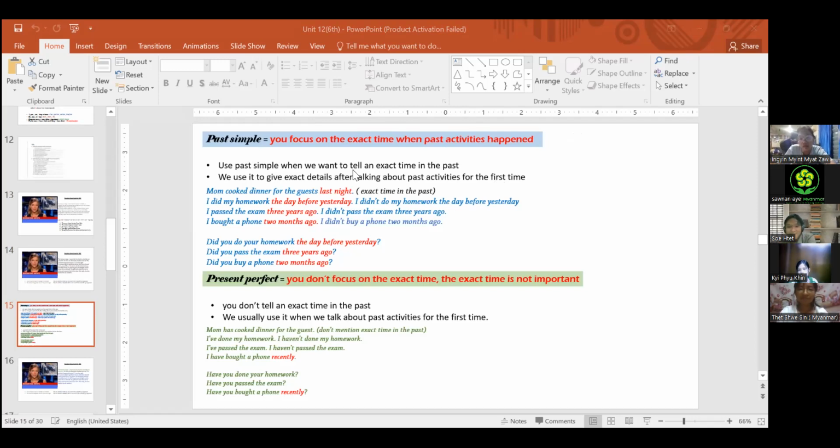For example, I've had dinner somewhere, or life experience. I have been to Japan, so this is life experience. So there are different versions of present perfect, just like present continuous.